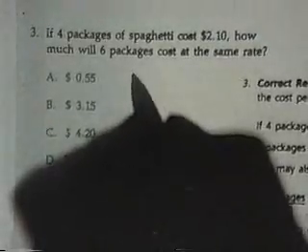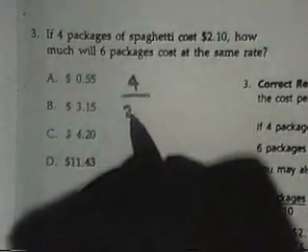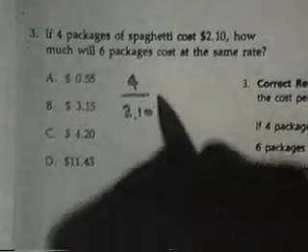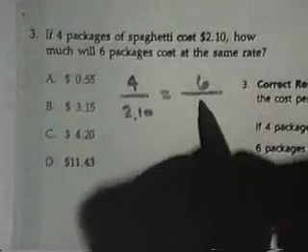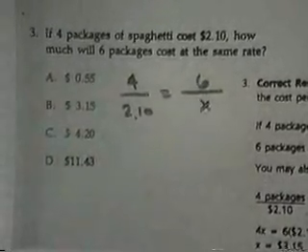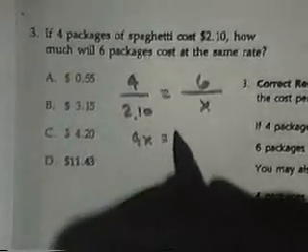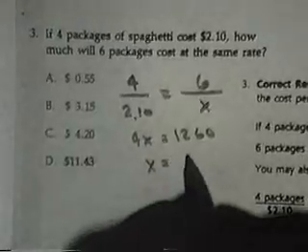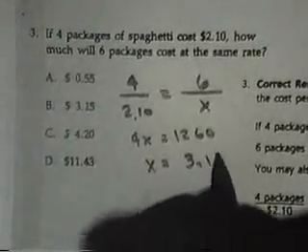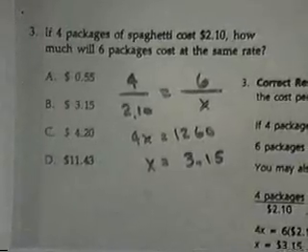We could say 4 packages is to $2.10 as 6 packages is to X dollars. Cross multiplying and solving that, we get X to be $3.15. So here's where you could use ratio proportion.